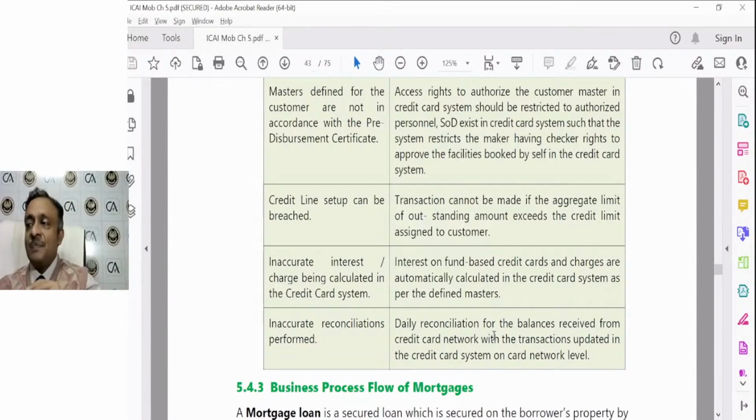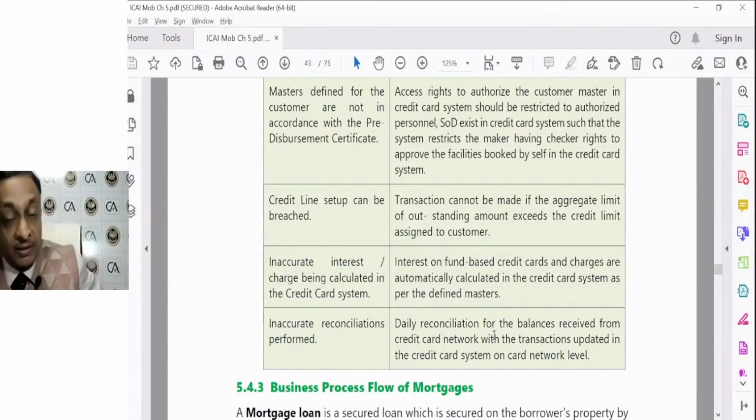Pranav has a good query. Sir, because the transaction has occurred, how do we block? So that is a valid point. See, as soon as the transaction occurs, you immediately get an SMS, and banks are sending an SMS that if that transaction is not done by you, you immediately inform.